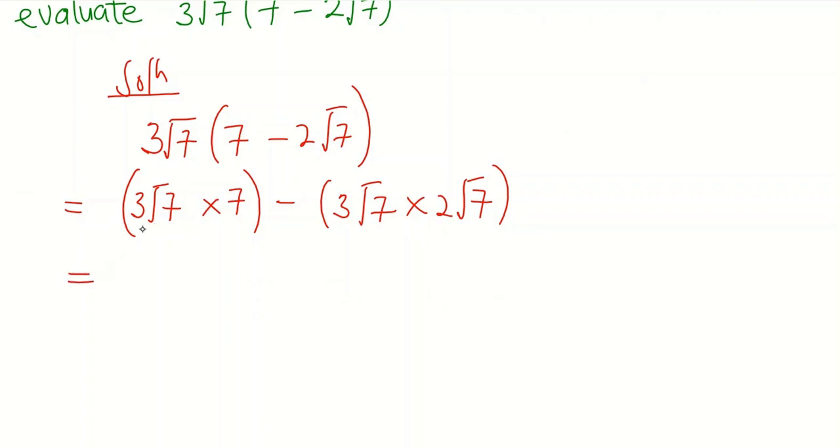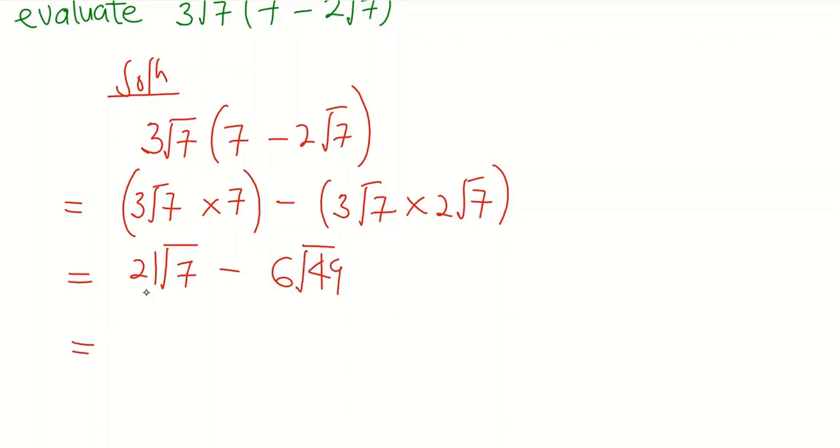So 7 times 3, we are going to get 21, and there is √7. We bring that one, and we come here. We can see 3 multiplies 2, we are going to get 6, and √7 times √7, we have √49.